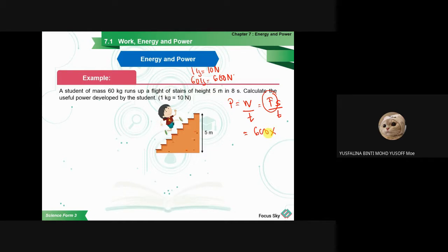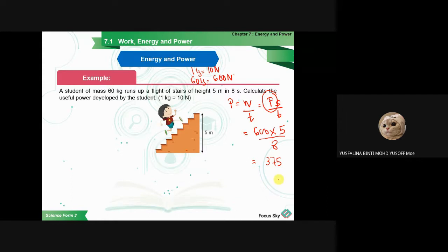And then the displacement, which is the height of the stairs, is 5. And the time here is 8. Can you calculate for me what's the answer? 600 times 5 divided by 8 is 375.